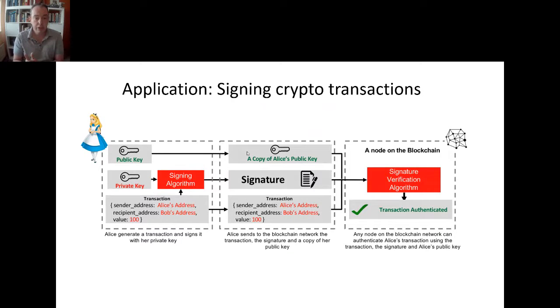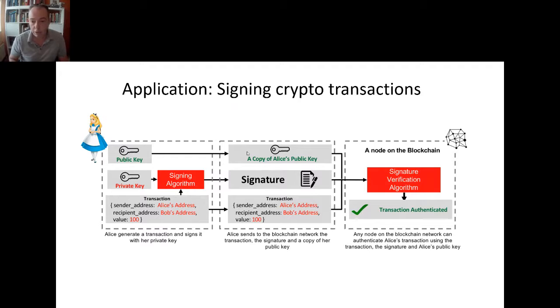So what is an application for this? Well, for example, it's used heavily in crypto transactions. I would have a transaction from Alice to Bob with the value 100. I will sign this transaction using a private key, and I will send a copy of my public key along with the signature into the blockchain network. This could be Bitcoin or Ethereum or something else.